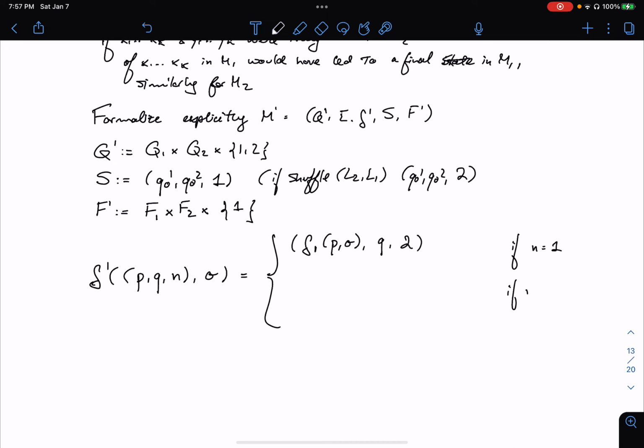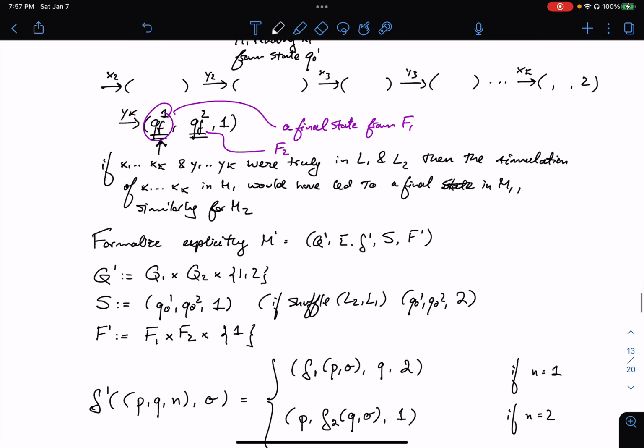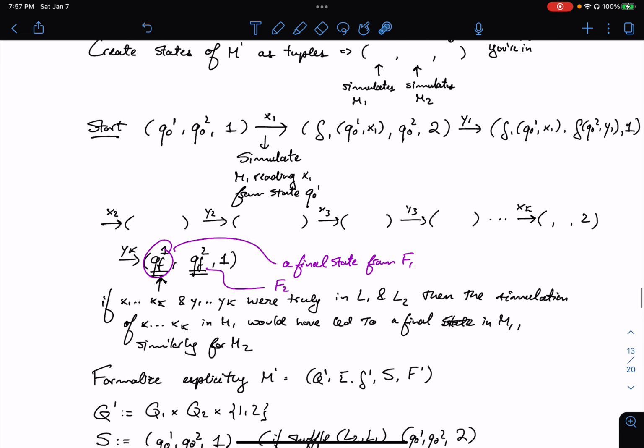Now, if N is equal to 2, then the state in my machine M1 stays the same, but now I simulate using the transition function of M2. I simulate what M2 would be doing if it was at state Q reading the letter sigma. And then I switch back from the simulation of 2 to the simulation of 1. And this is exactly what I've written down here, okay?